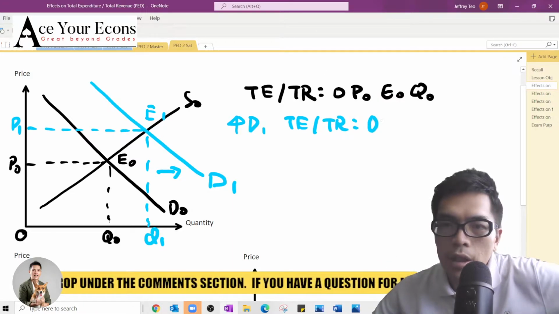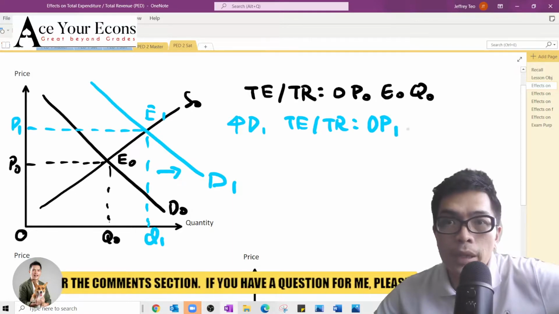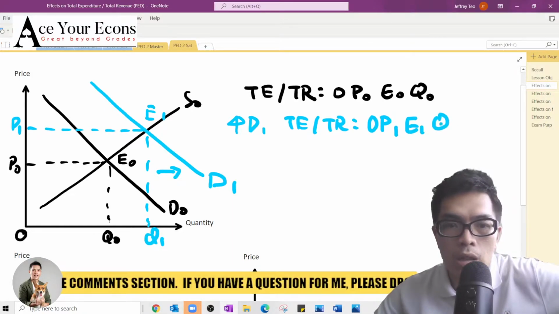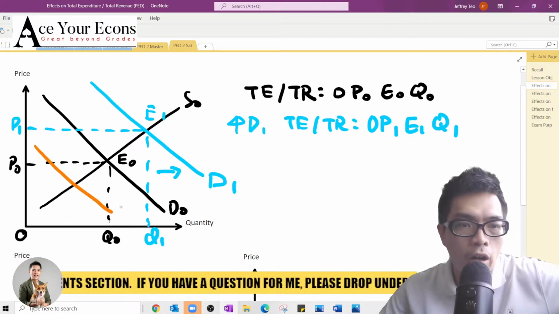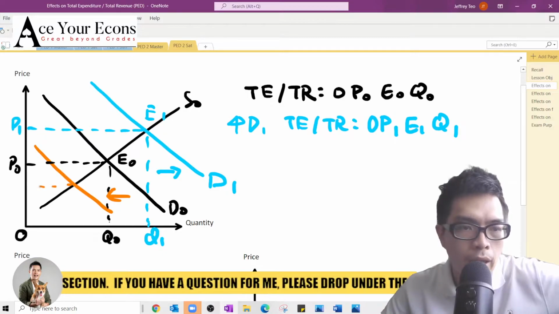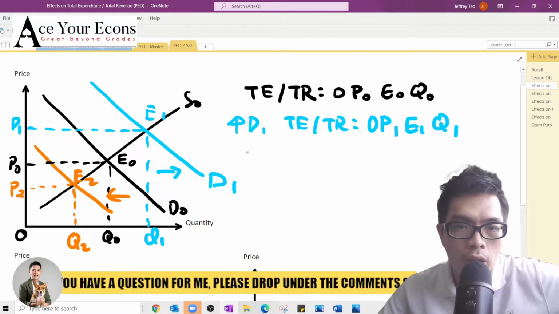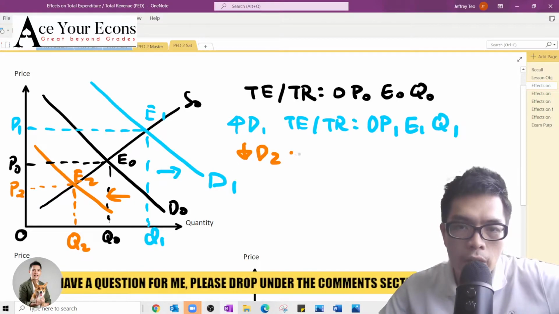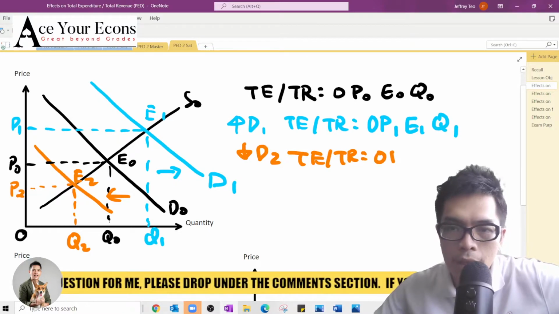Right. The magnitude will be 0, P1, E1, Q1. Likewise, when there is a fall in demand, we can see the same. There will be a fall in equilibrium price and quantity, and your total spending and total revenue will fall in the same direction.